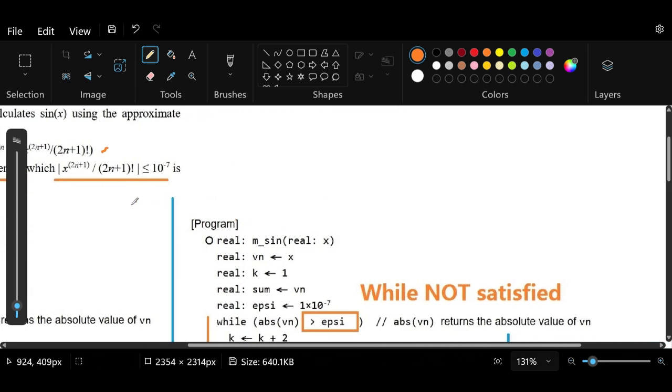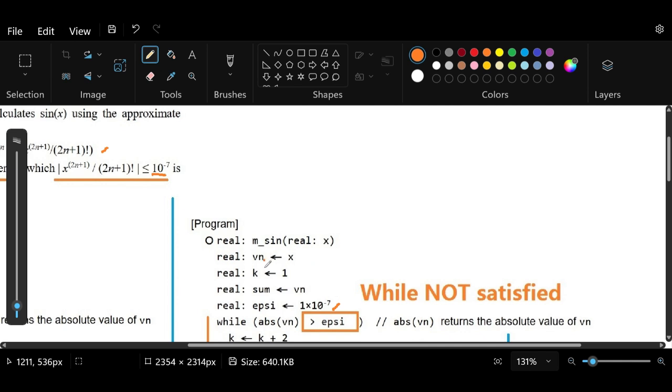In particular this part here where we have the less than or equal to sign and 10 negative 7, we have EPSI, and if we check what EPSI is, we see that it's this one. And so this one corresponds to this. However, we might be wondering why it's greater than EPSI.